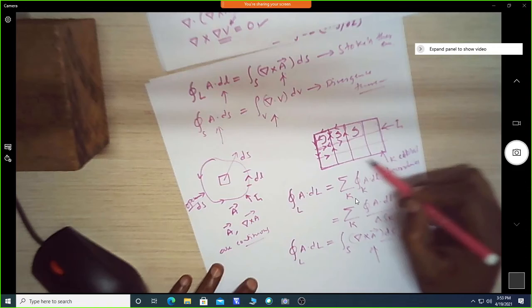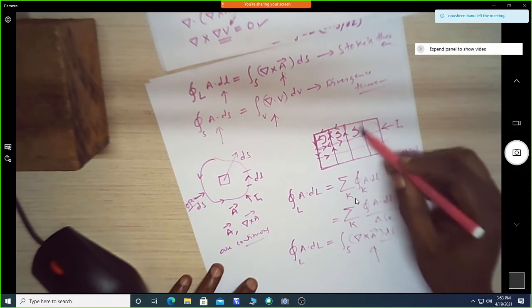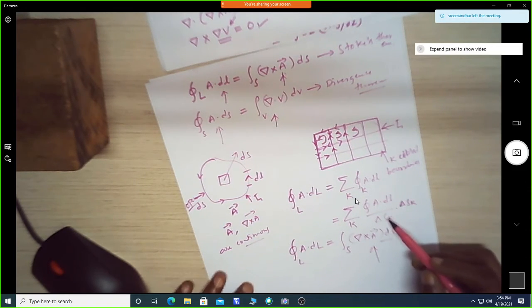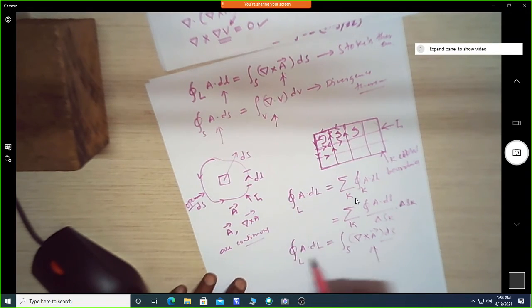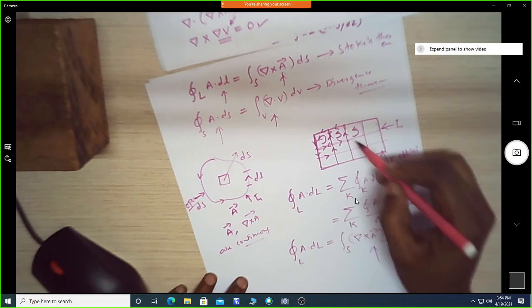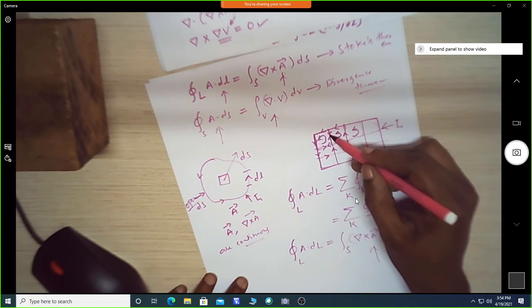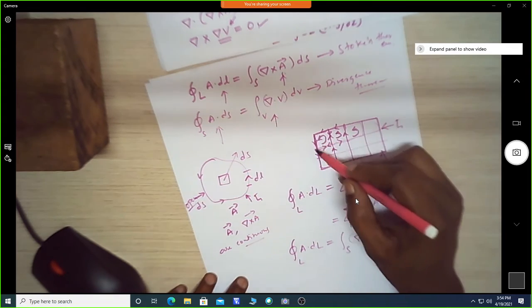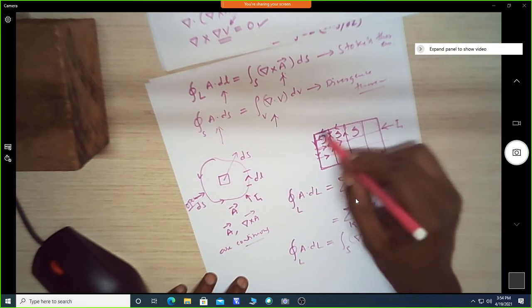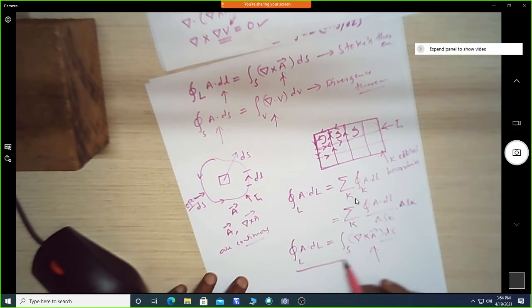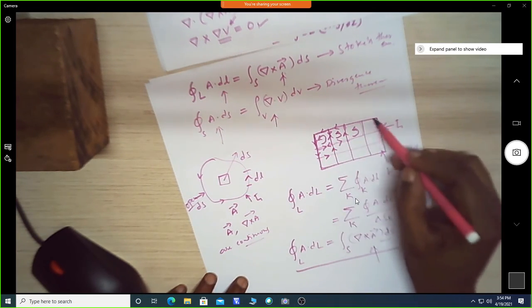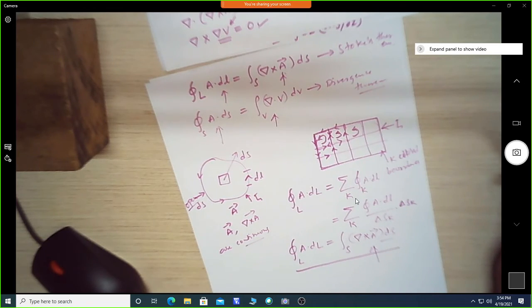However many k closed boundaries we take, that many k surface areas we have. If I consider all the closed boundaries, the interior ones cancel each other, and what remains is the boundary of this line integral, which equals the total surface of this closed line. That is what the Stokes theorem says.